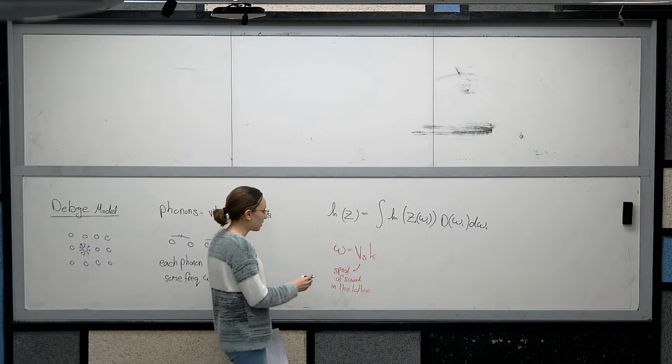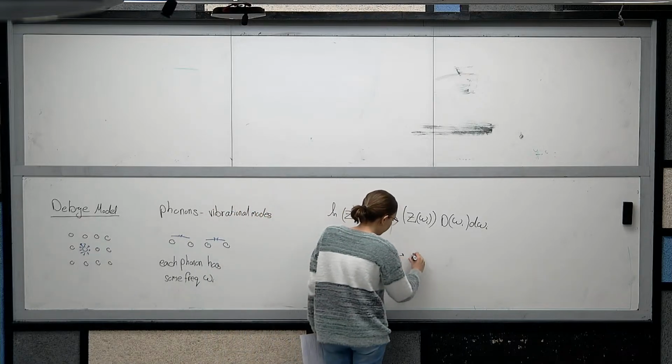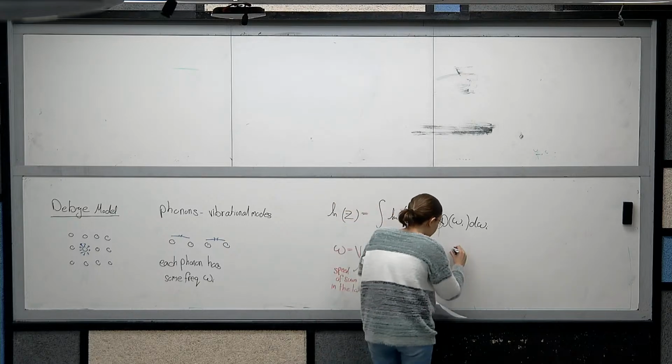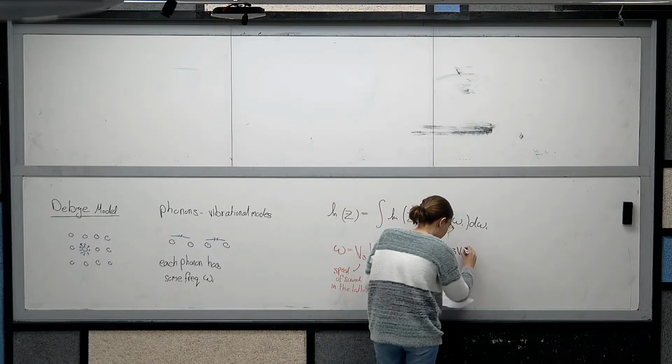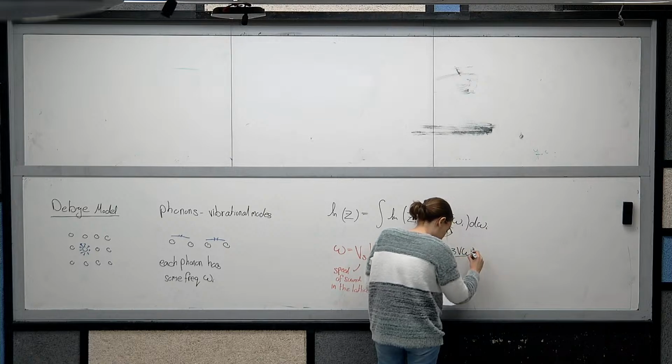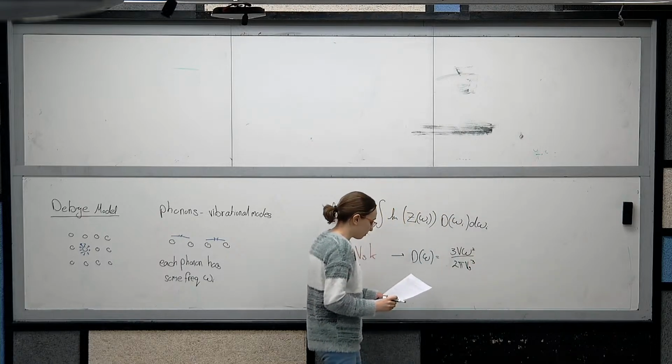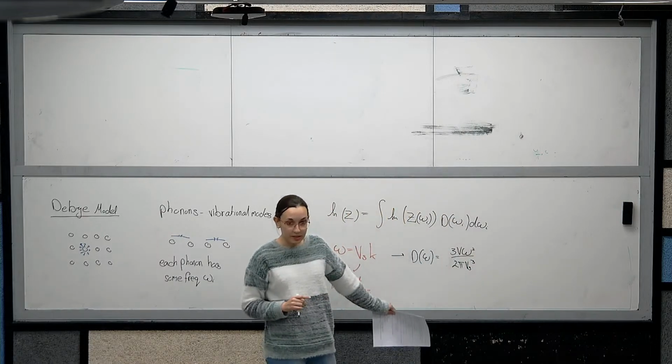Okay, and under this assumption, the density of states is given by what I copied previously. So we have 3V omega squared divided by 2 pi squared vs to the third. Okay, so two things here.